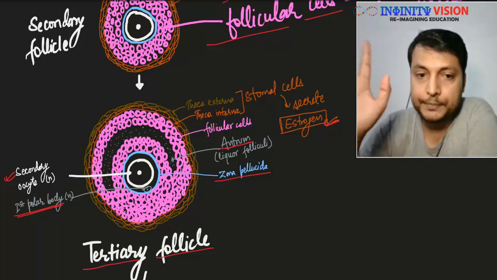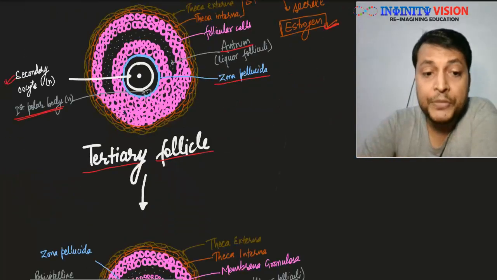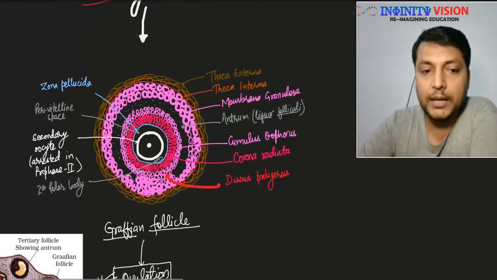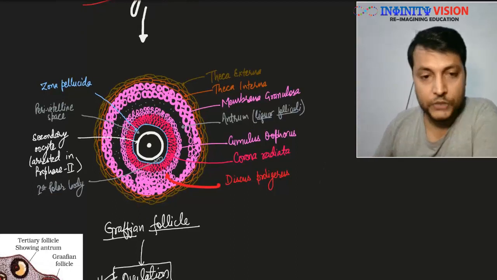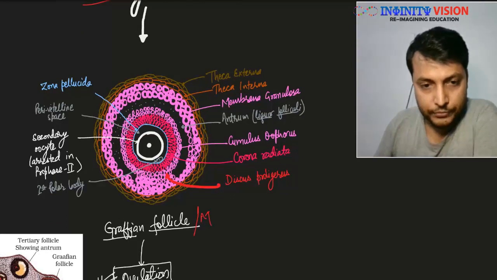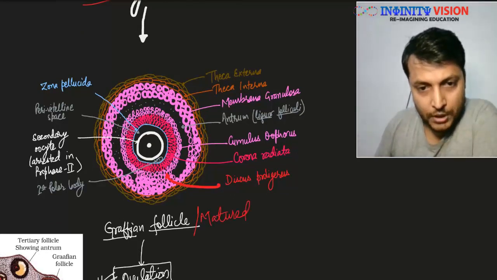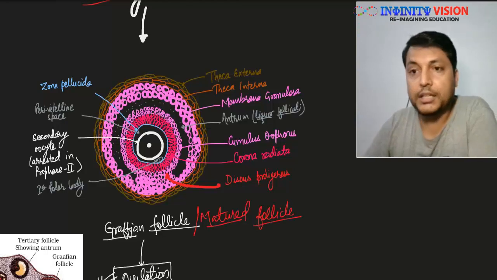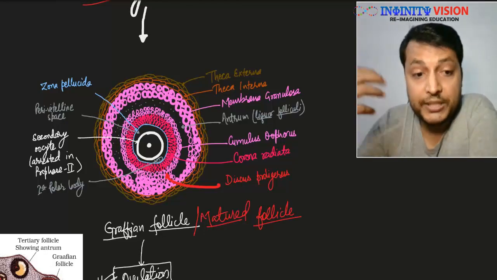Great. Now what will happen? The tertiary follicle will further develop to become Graafian follicle, or matured follicle. Graafian follicle and matured follicle are the same thing.